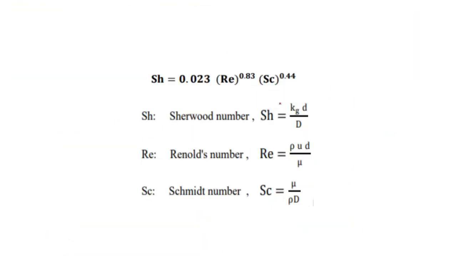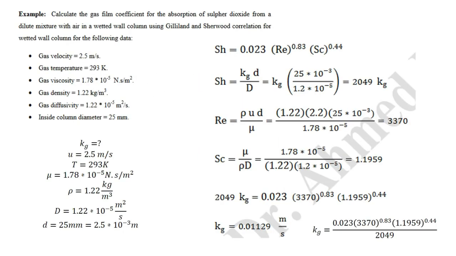Now the next is, you can find the individual gas film mass transfer coefficient by using these expressions. Let's use this expression. In this example, he's asking you to calculate the gas film coefficient for the absorption of sulfur dioxide from a dilute mixture with air in a wetted wall column using Gilliland and Sherwood correlation.